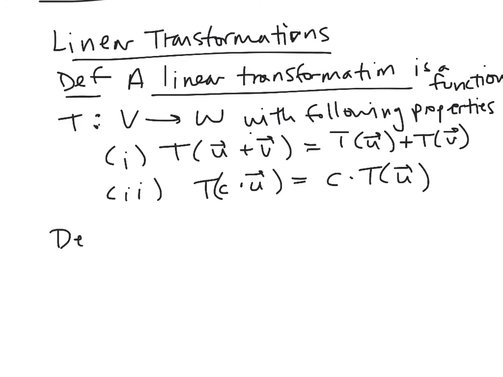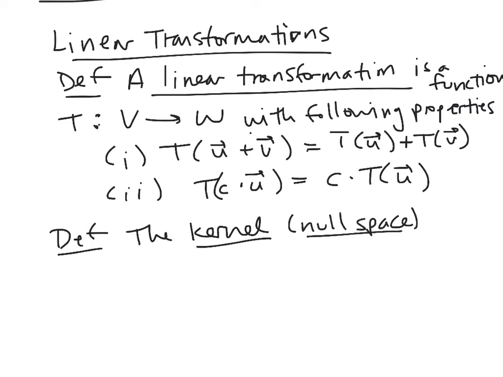Okay, so we have some relevant definitions. The kernel, also known as the null space, of a linear transformation is the set of all vectors that map to 0.